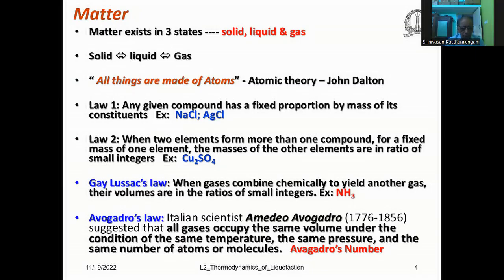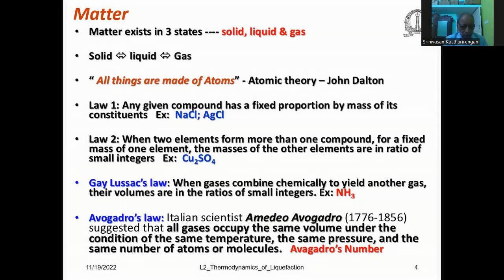The first law is that any given compound has a fixed proportion by mass of its constituents. That is sodium chloride or silver chloride, for example. 1 unit of sodium combines with 1 unit of chlorine. Similarly, 1 unit of silver combines with 1 unit of chlorine.